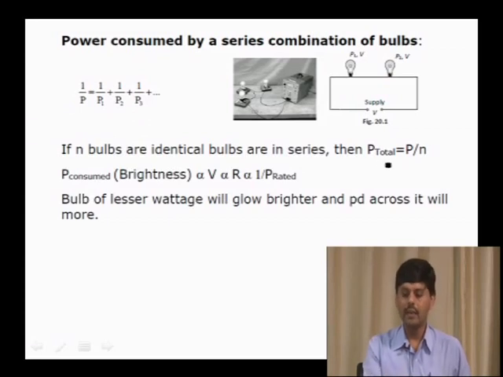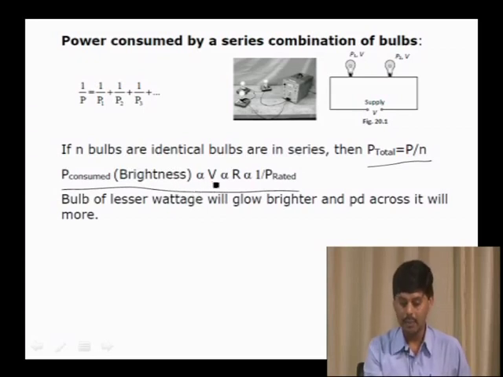If the powers are identical, say 40 watt and 40 watt, then the total power is P divided by N. For a series combination, the bulb that glows brighter has power consumed directly proportional to the resistance, and inversely proportional to P rated, which is whatever rating is written on the bulb.